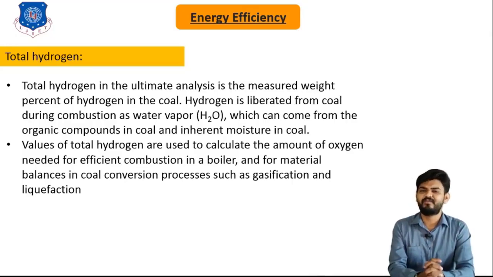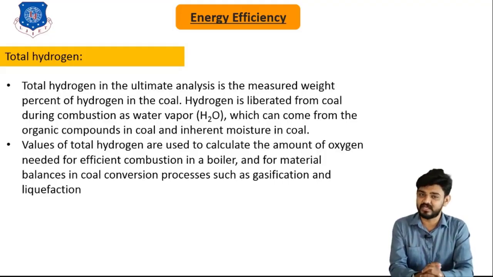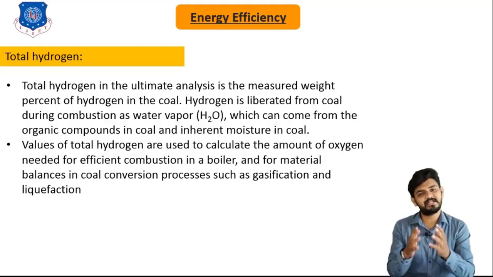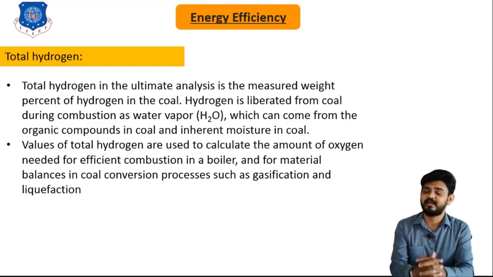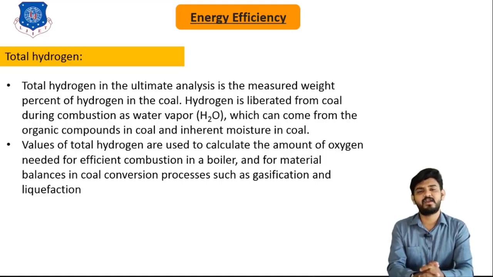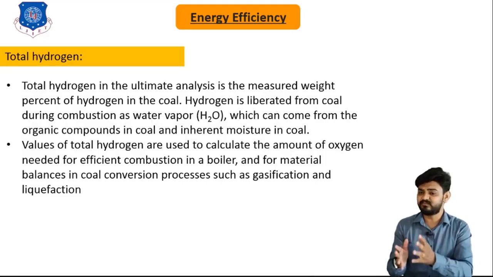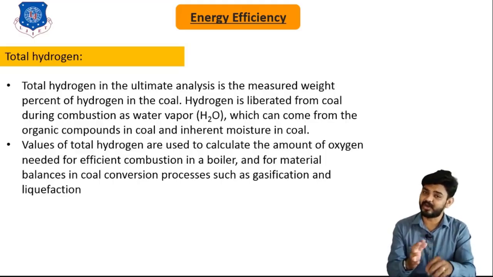It also provides the material balance in coal conversion processes, such as gasification and liquefaction. So, from the material balance point of view, the total hydrogen is again very important, as it tells about the different processes, that is, gasification and liquefaction. So, this was all about the hydrogen content.